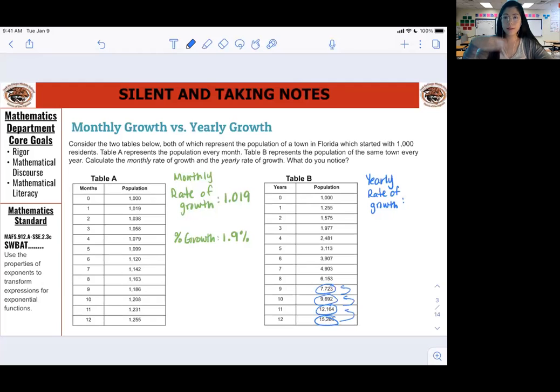So when you divide, what number keeps popping up on your calculator?